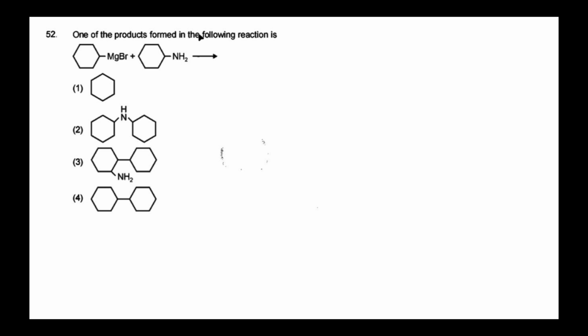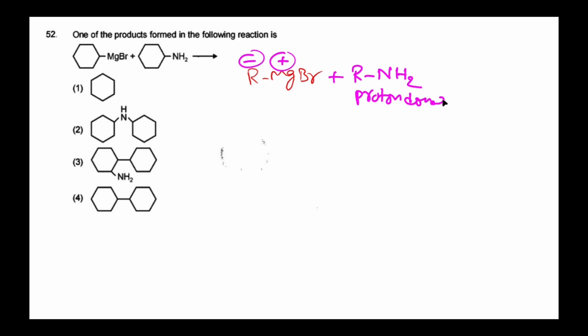The next question is one of the products for the next reaction, that is cyclohexyl magnesium bromide, a Grignard reagent, treated with primary amine. So here this acts as a nucleophile, and this is a proton donor, and this is a proton acceptor.